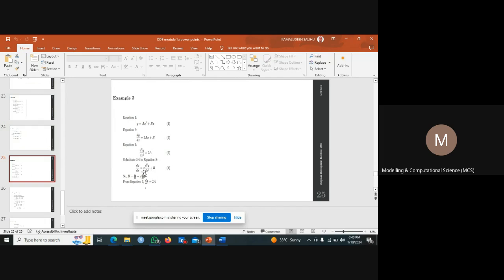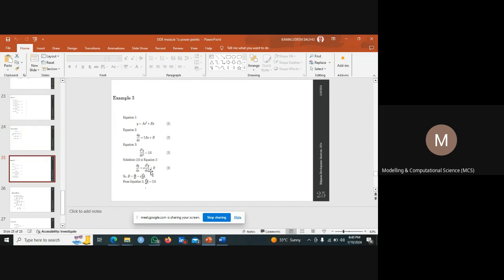So substituting it, we have this equation number 4. That is the y dx is equal to x. So instead of putting 2a, you put d squared y over dx squared, then plus the b we are having in the equation 2. And we have it to be equation 4.